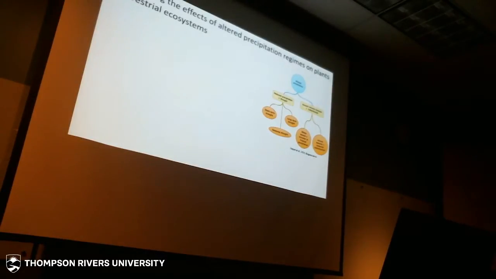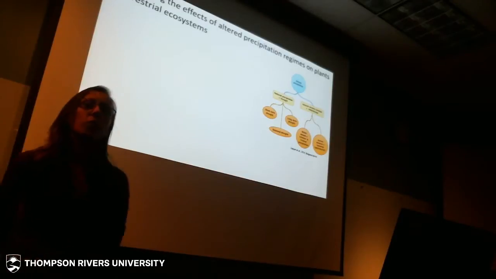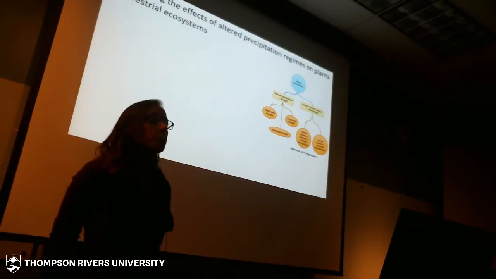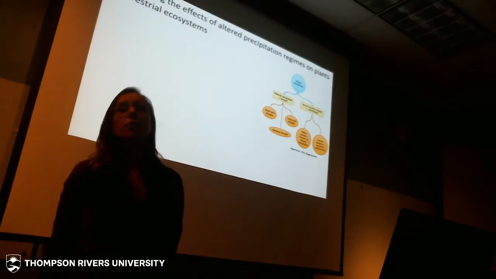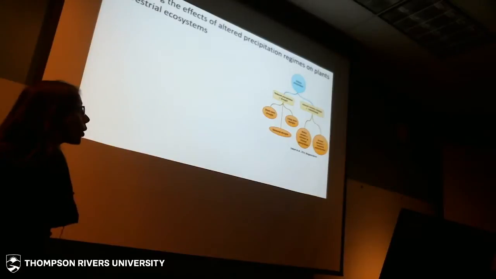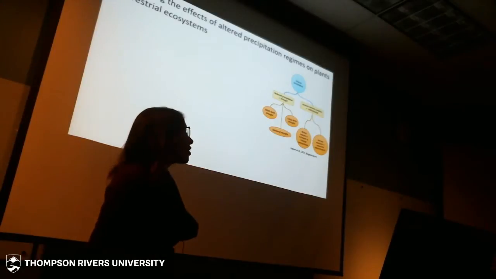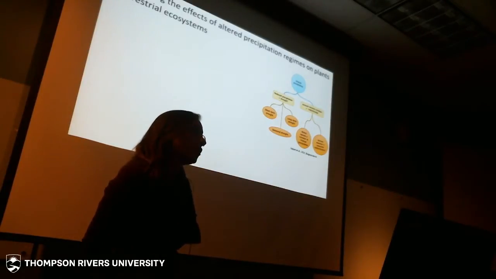When we study precipitation changes on plants, there are several different types of experiments that have been laid out in this paper, although one could argue that you could expand upon this. In general, we can reduce precipitation and create droughts. These can be long, short-term droughts, seasonal droughts, or we can keep the amount constant, which is probably more similar to what will happen with climate change, and redistribute that precipitation in different ways.